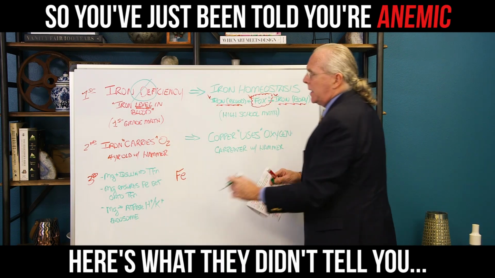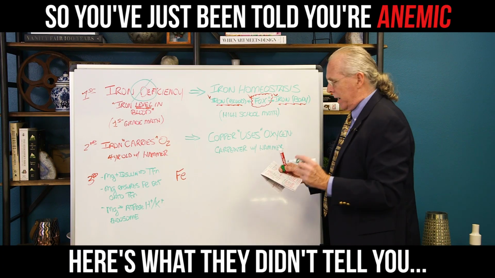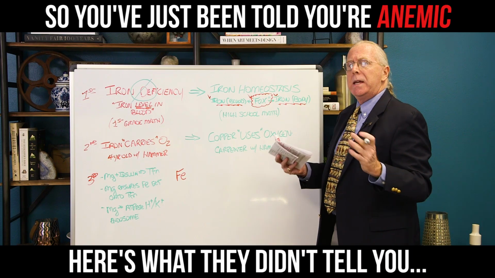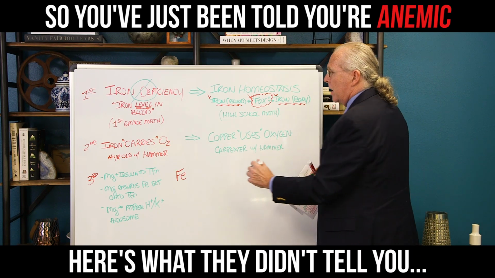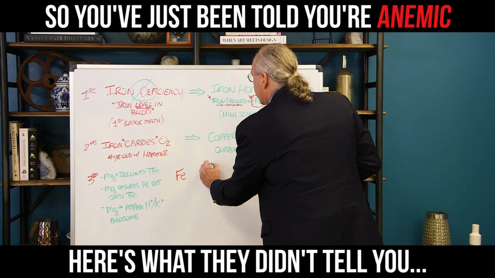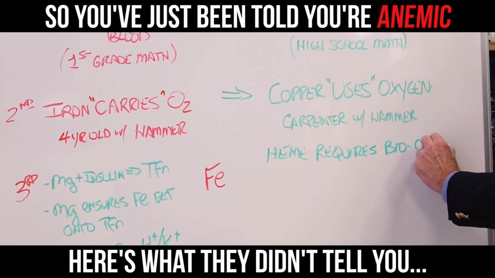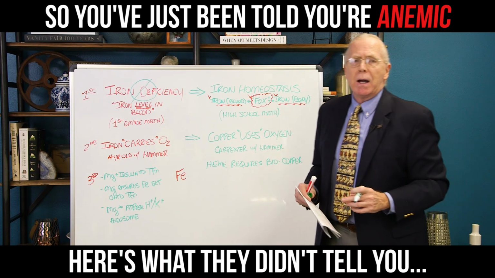So again, key aspects relating to magnesium. Here's the other side of it. In order to make the heme protein, which is a very important part of the blood synthesis, heme requires bioavailable copper. You cannot make the heme protein without bioavailable copper.